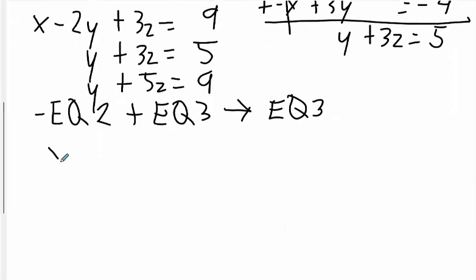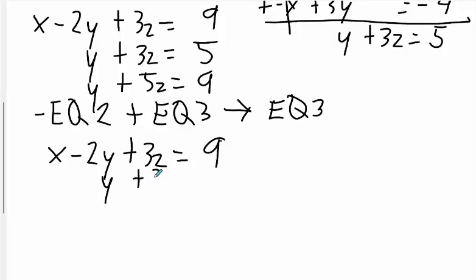All right, so equation 1 doesn't change. x minus 2y plus 3z equals 9. Equation 2 doesn't change. y plus 3z equals 5. Equation 3 will. How will it change?